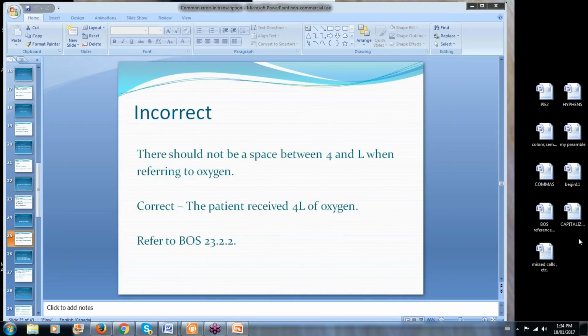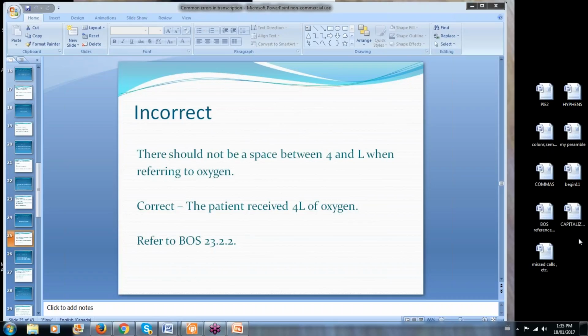Let me just check for you and see if it says anything in particular. Okay, it just says liters of oxygen. While the general rule for using numeric values with metric units dictates the use of a space between the numeric value and the unit of measure, it is common and preferred that the space be omitted when referring to liters of oxygen.